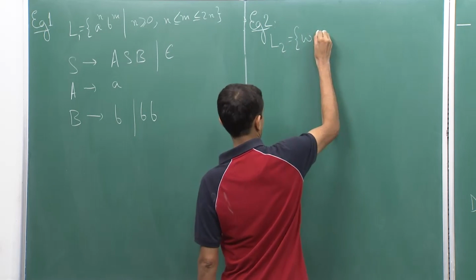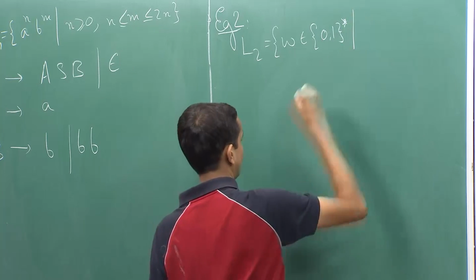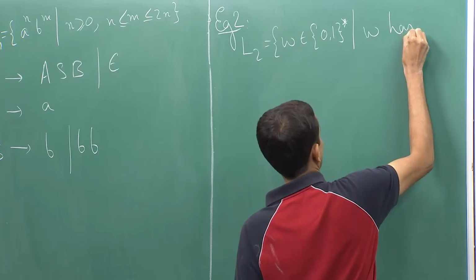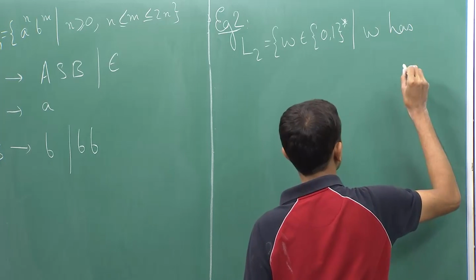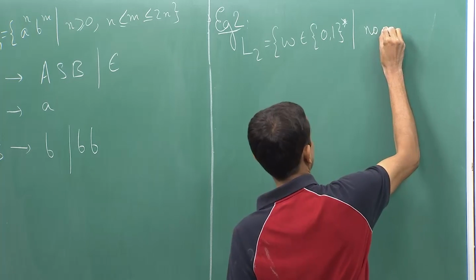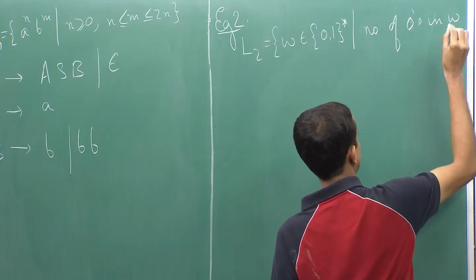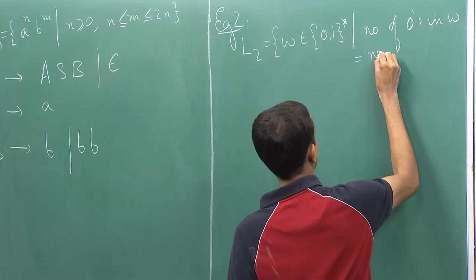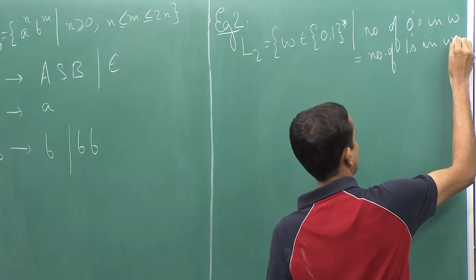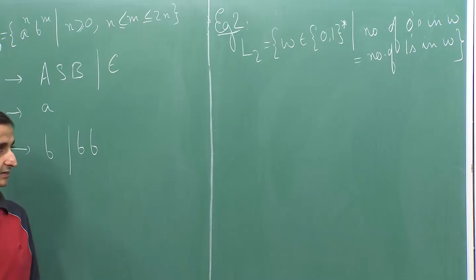L2 consists of strings over 0, 1 such that the number of zeros in W is equal to the number of ones in W. So, it has an equal number of zeros and ones.